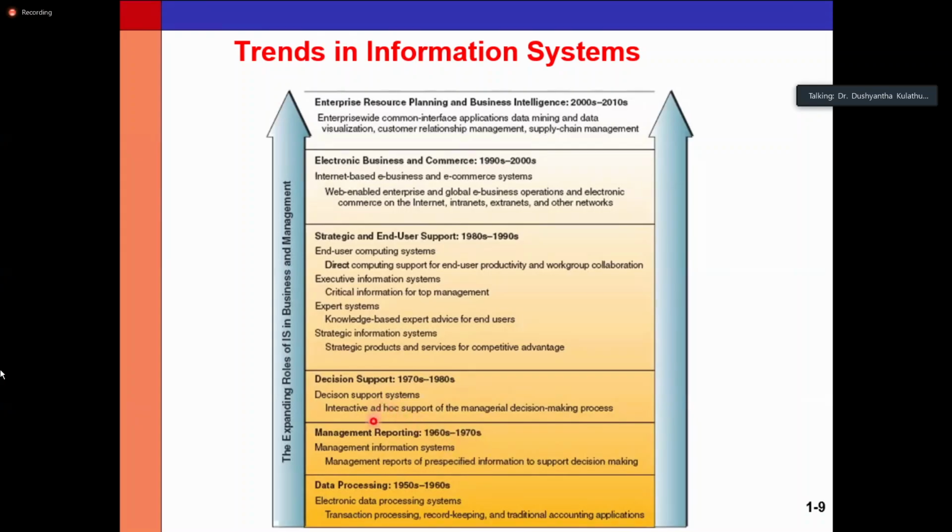You require some ad hoc information. Ad hoc information is the kind which you can't predefine, and you don't know in advance that this particular information is required. So a decision support system basically allows the managers of an organization to interact with the system to generate some information.